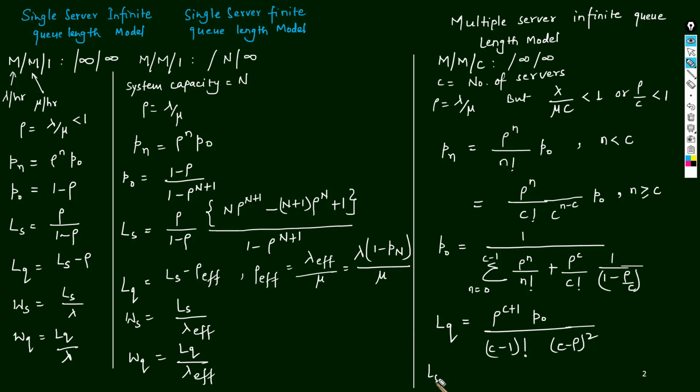Rest other things: Ls is equal to Lq plus rho, and Ws is equal to Ls upon lambda, Wq is equal to Lq upon lambda.